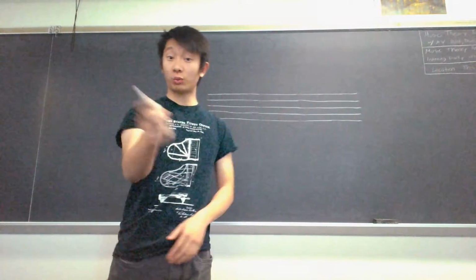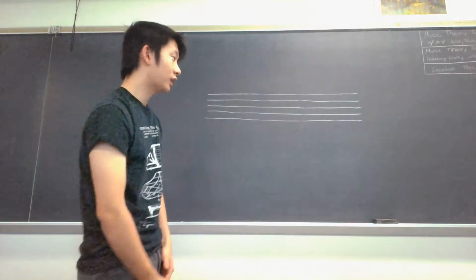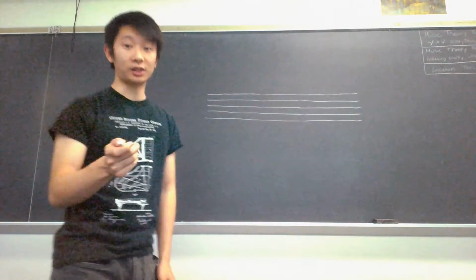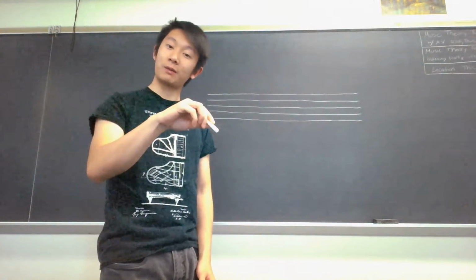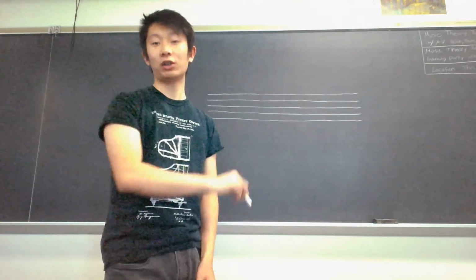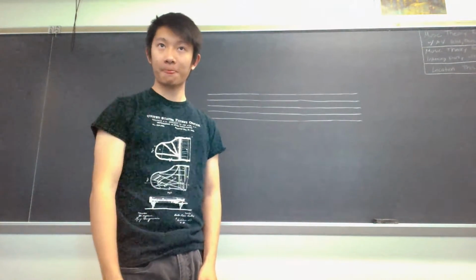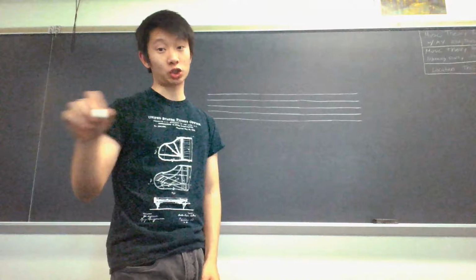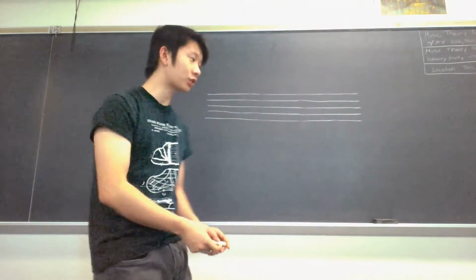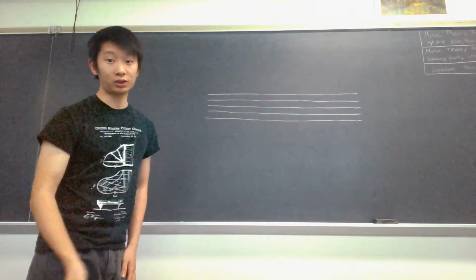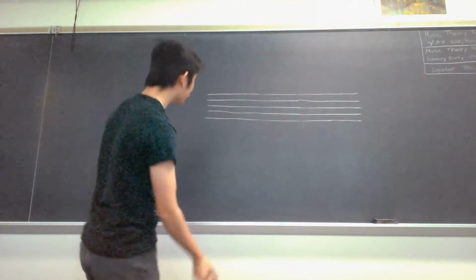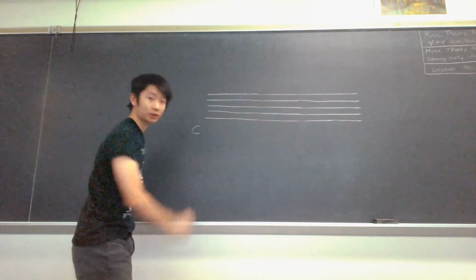So let's start with the Neapolitan. The Neapolitan is lowering the second scale degree in a key and then making a major triad out of it. Let's take the example of C major. We're in the key of C major.